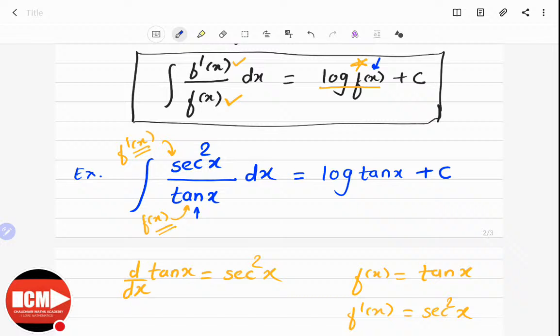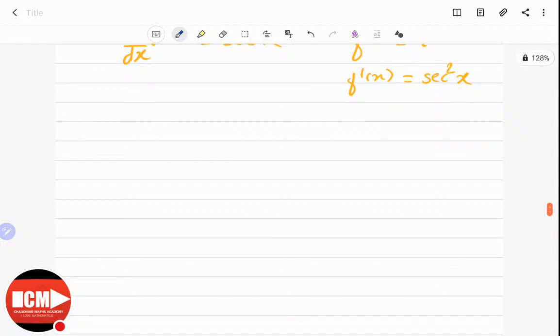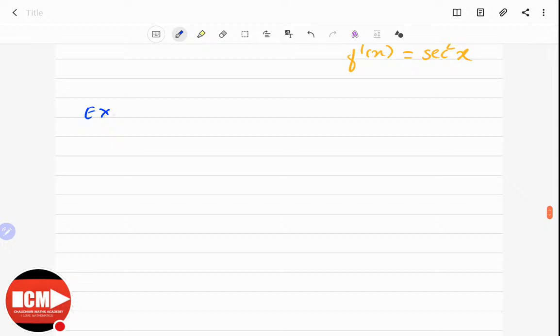So perfect. One more example on this corollary. Let's try to find the integration of, here I am explaining one more example. Yes, most of you are correct, Darshan, Ritu, Tanvi, Shreyash, Soham, Yash, absolutely correct, friends.